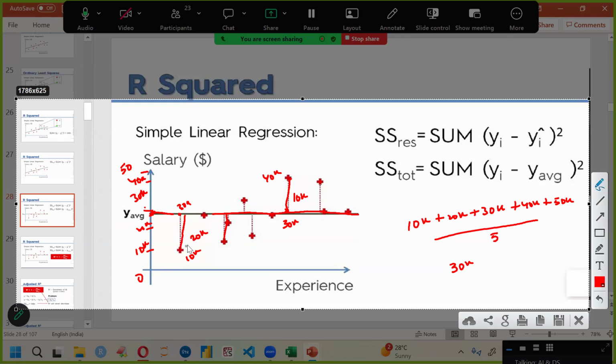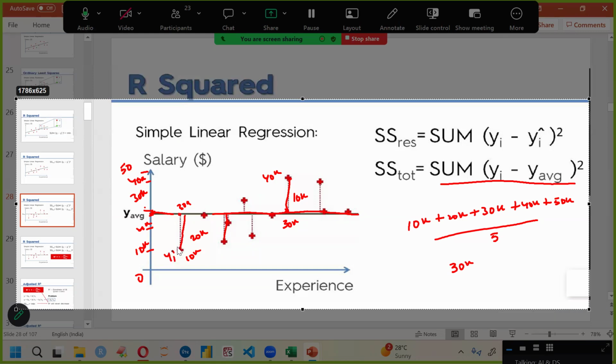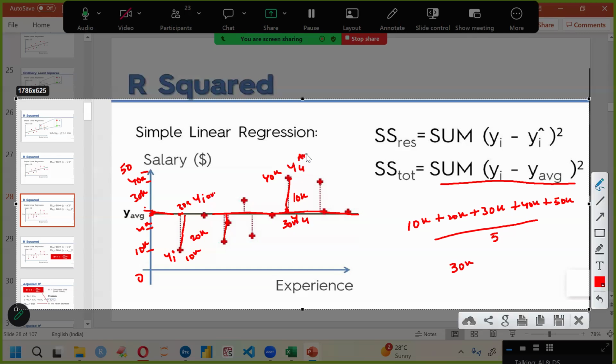Now again for all the points, after drawing this Y average line, I am calculating the difference, and that difference I am again summing up. This is yi and this will be yi average. For example, this is y4 and this is y4 average.